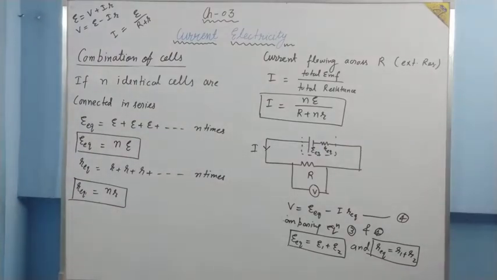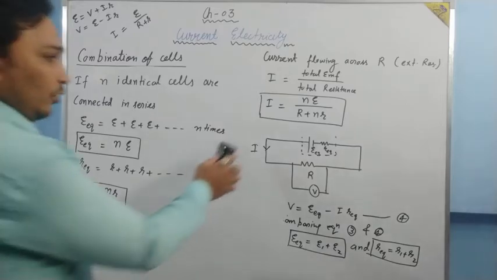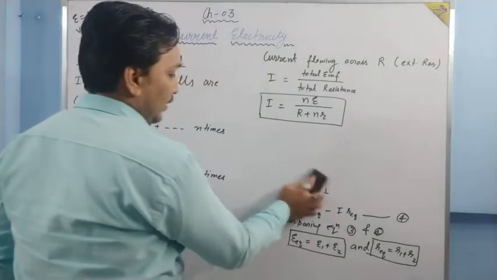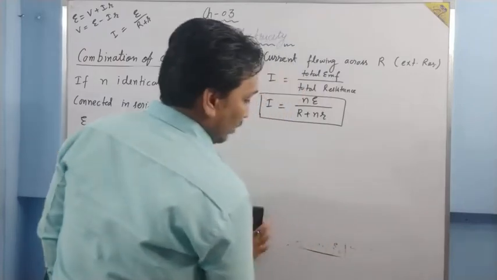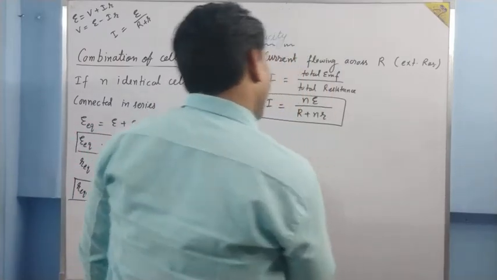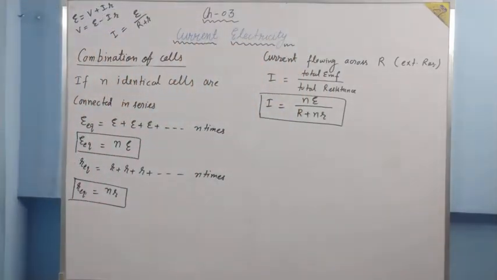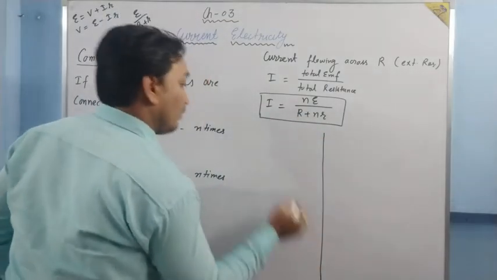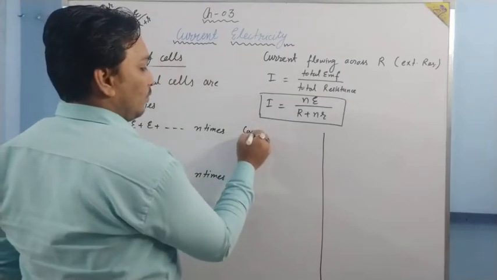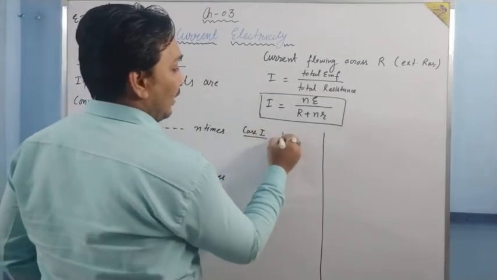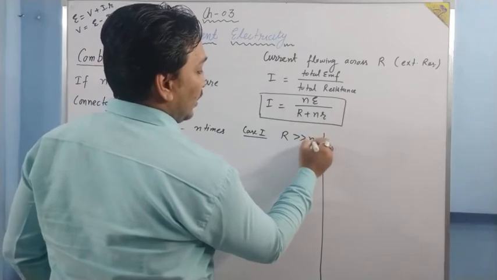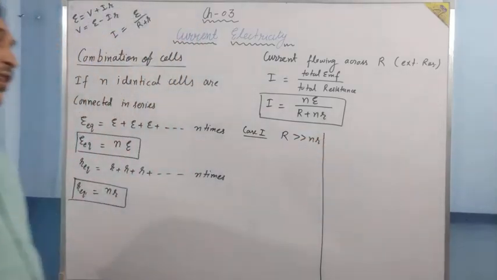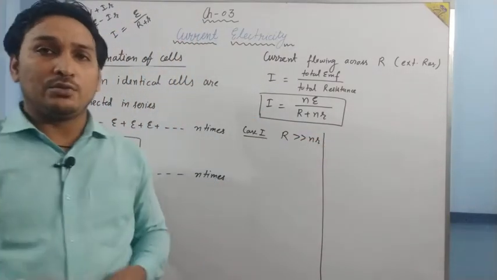Now let us explore this formula more and try to understand in which condition series combination of cells is preferred. For the denominator we will have two cases. Case 1, when capital R is very much greater than N r. When they are comparable, we use the full formula.